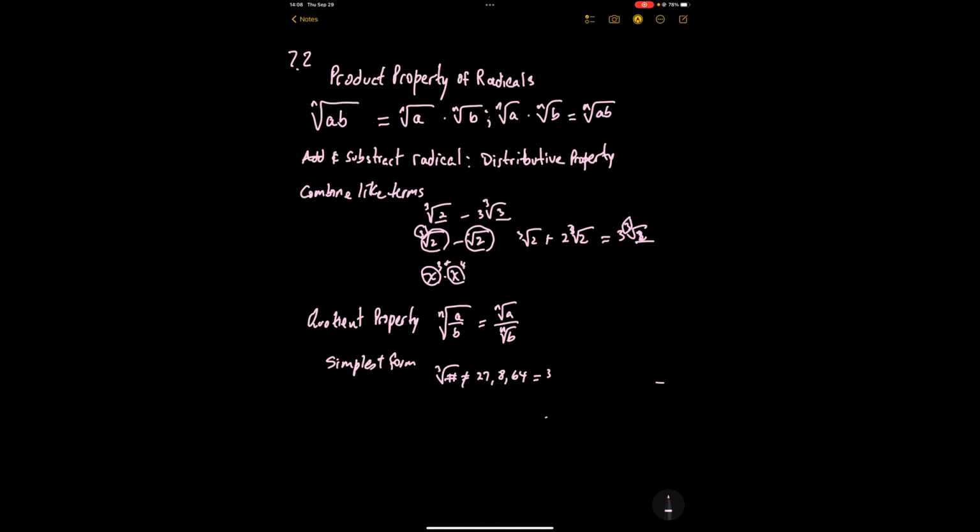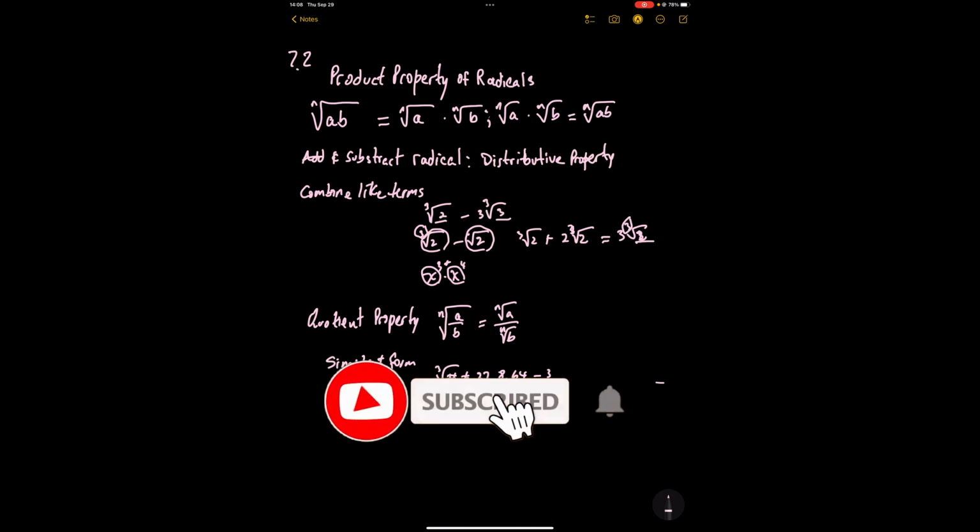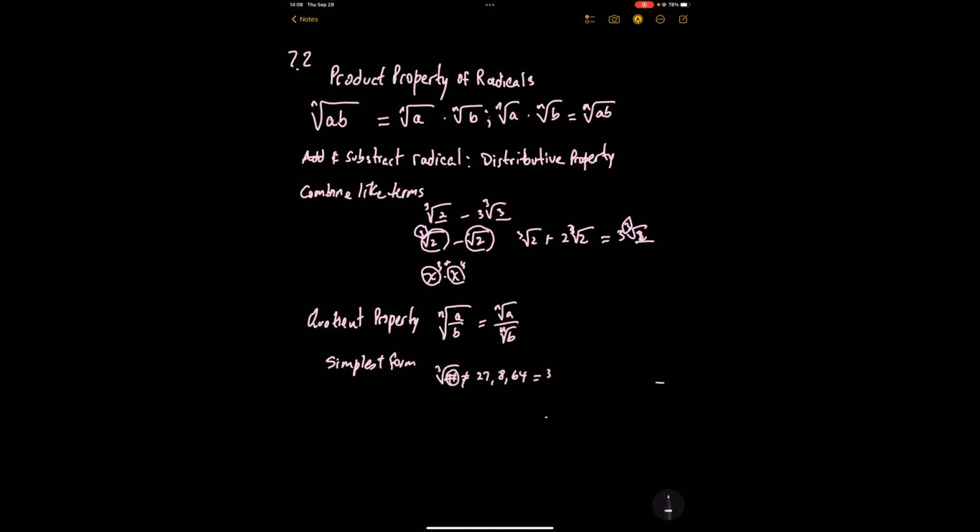So the radicand, meaning the number inside of the radical, cannot be a perfect power of the index, which is outside. Think about that part again. That number right here cannot be a perfect power of the number here, because in this case it is not in its simplest form.